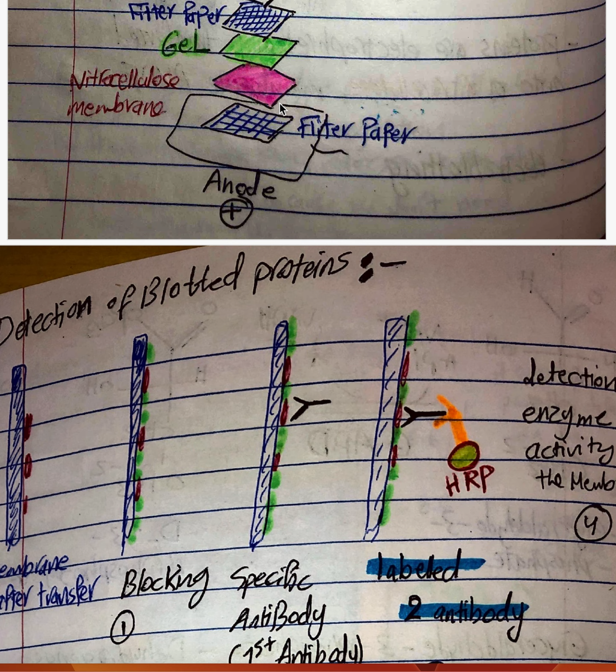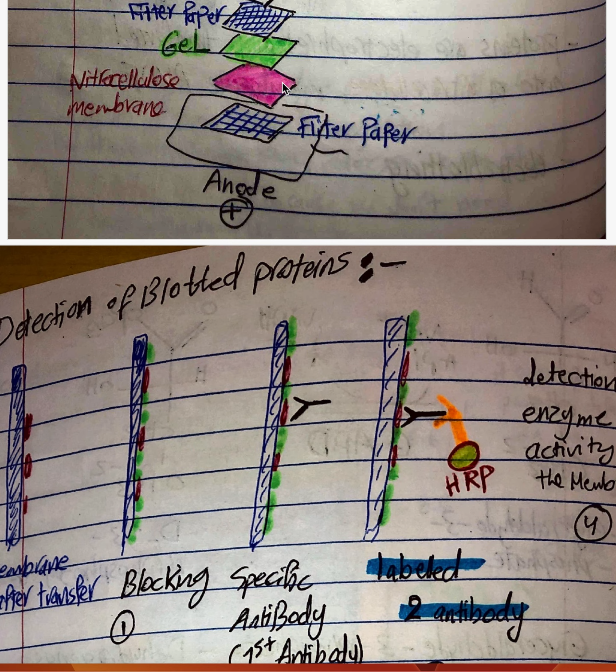This is the importance of it. So remember this: why the filter paper, why the sponge? Because they maintain the pressure, and we make a formal transfer. But the most important thing you have to know is why we use the transfer buffer methanol: because it facilitates the binding of the proteins to the membrane.